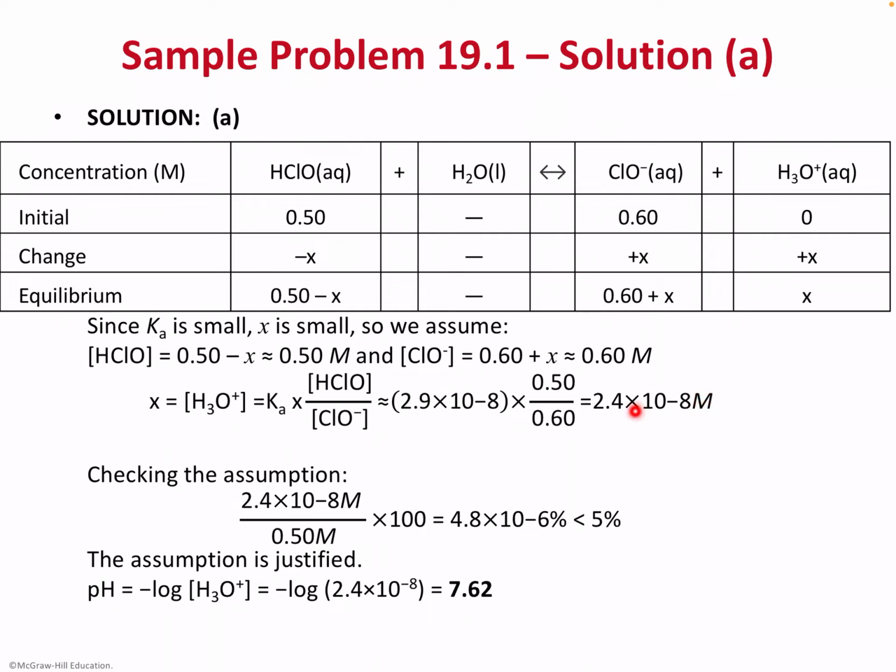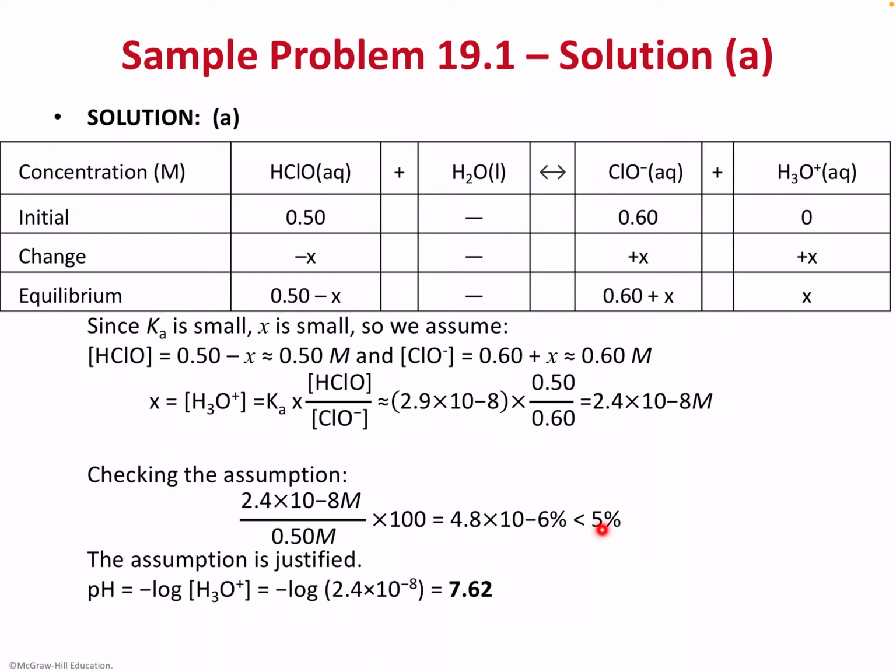What we want is the pH. Now, since we found the hydronium ion, we can check to see if our assumption is correct. How do you check the assumption? You take the X and divide it by the initial concentration, which is 0.5, times 100. You get 4.8 × 10^-6, which is less than 5%.